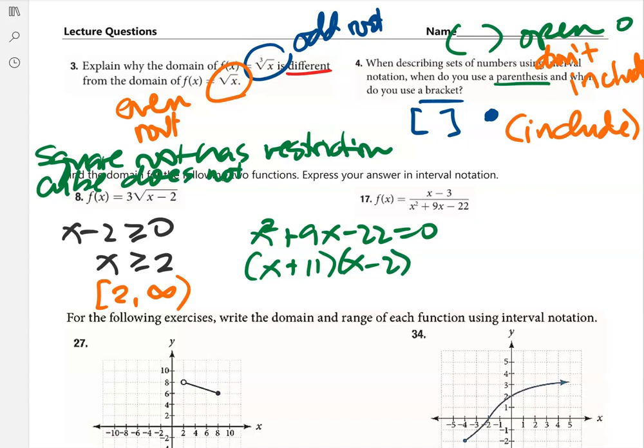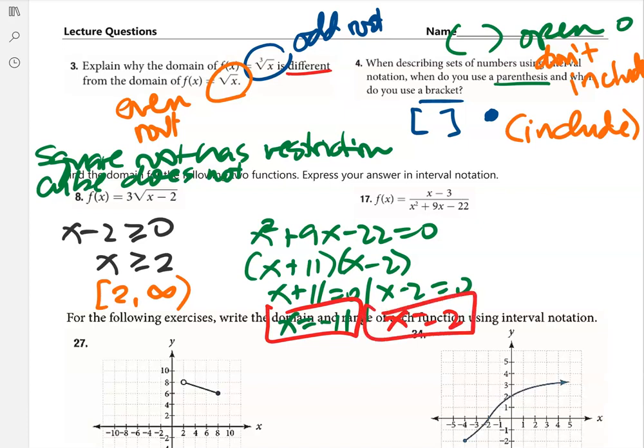That's negative. So here, x plus 11 equals 0 and x minus 2 is equal to 0. So x equals negative 11 and x equals 2. These are the restrictions.